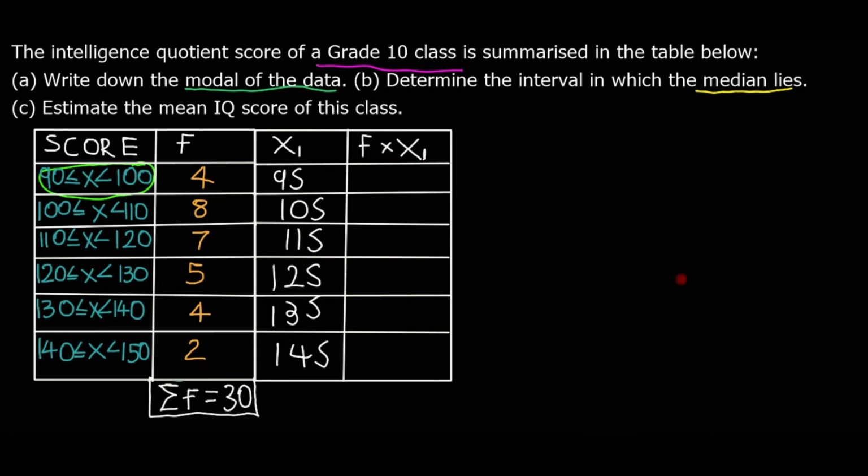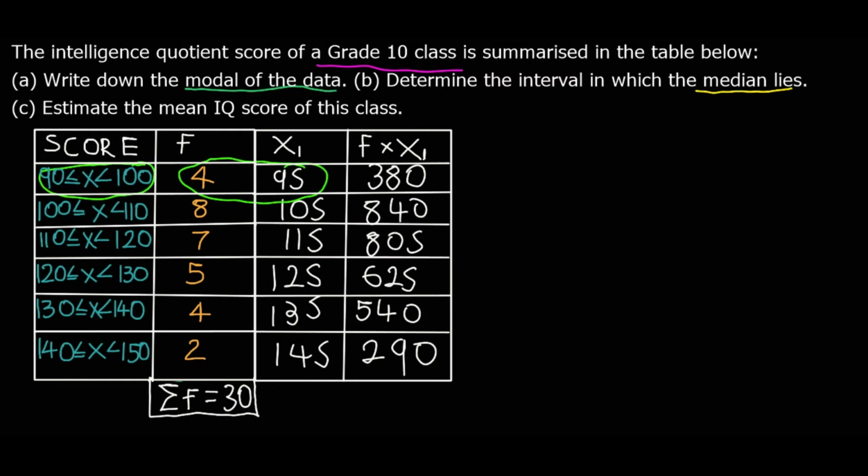This one is straightforward: 4 times 95 because it's frequency times the midpoint, which gives 380, and then 8 times 105 is 840, and then 7 times 115 is 805, and then 5 times 125 is 625, and then 4 times 135 is 540, and then 2 times 145 is 290.